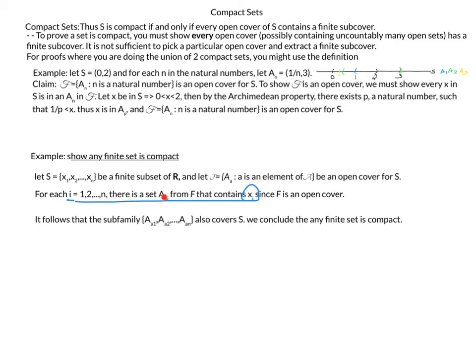So it follows that if we choose one of the A sub i's for each of the x's, we only need n of them, and that should also cover S, and it's a finite set. So that means that any finite set is compact, since we can always find a finite cover.